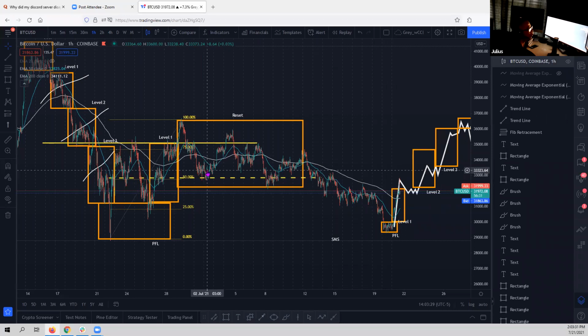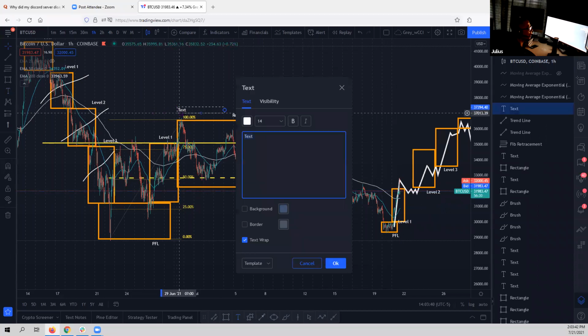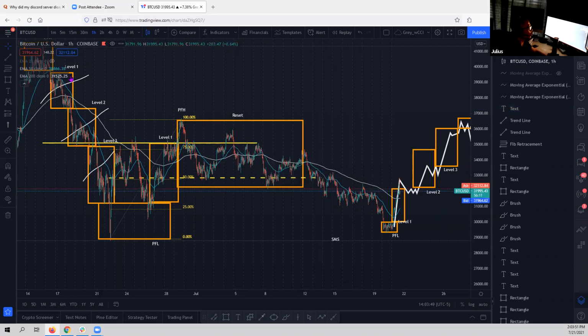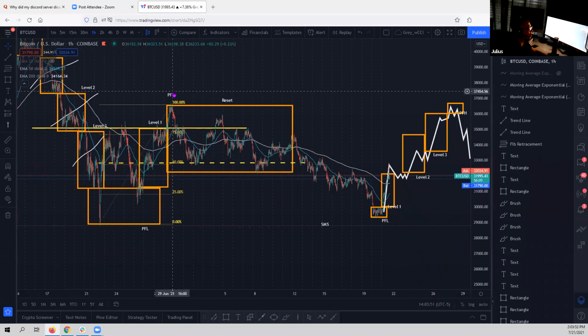What I am going to say is, okay, now that my internal range 100 top of the fib is here, and in reality, this is my internal peak formation high. The major swing structure is way at the top here, but this is the inside. And this is the 36 line.